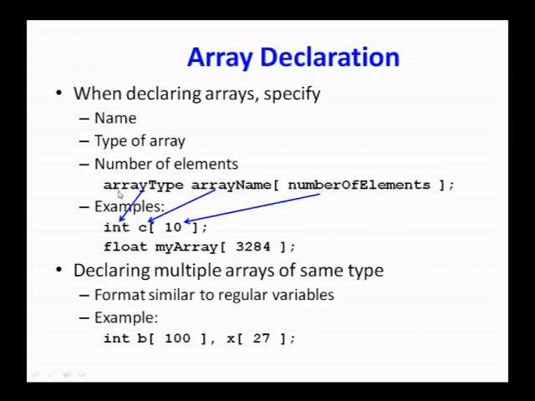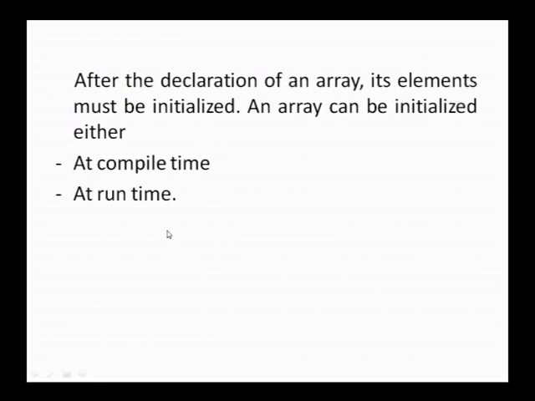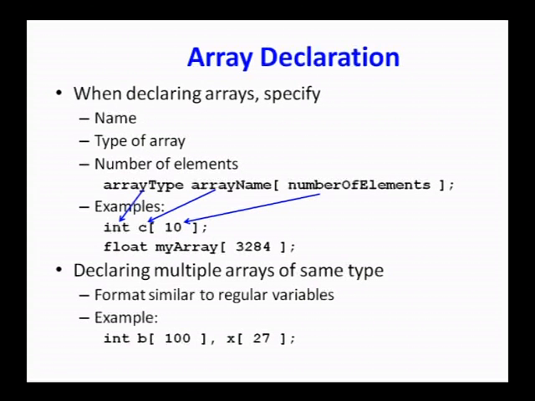As an example, in a C program, I could specify the array type as integer, the array name as C, and the array size, or the number of elements in the array, as 10. What do we mean by this declaration? We have an array of integer data type where the maximum number of integers I could allocate for this array is 10.